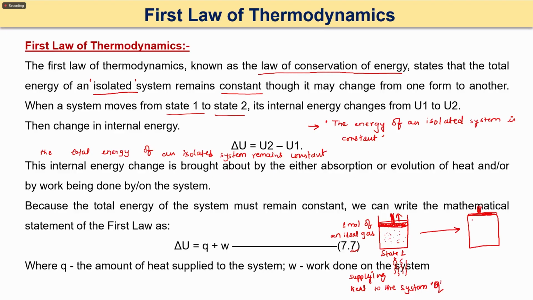It will move upward and your gas will occupy this much. This is again the same 1 mole of gas, but the piston has moved this much, because we are applying heat to the system. So this is what a thermodynamic process is.